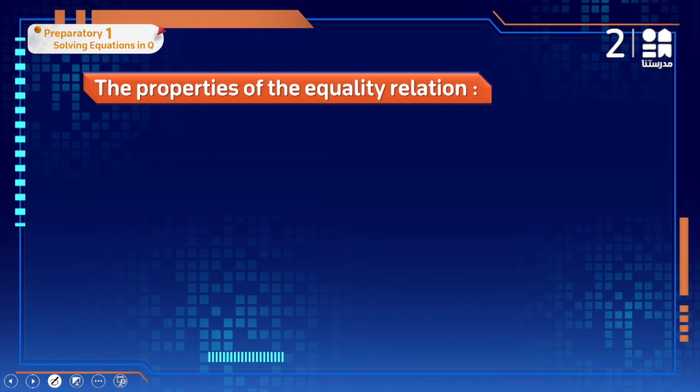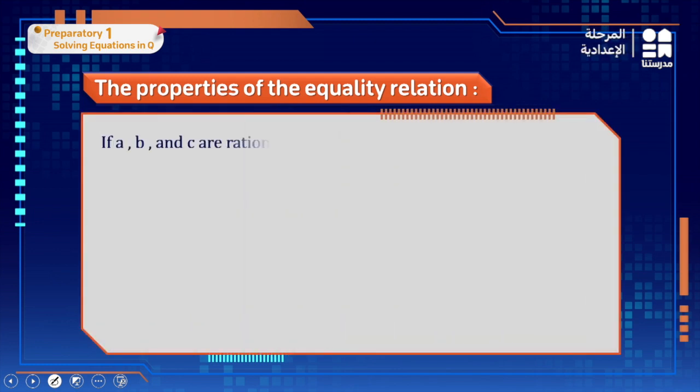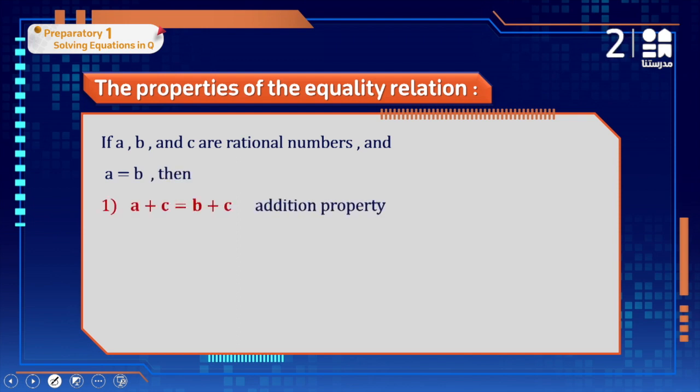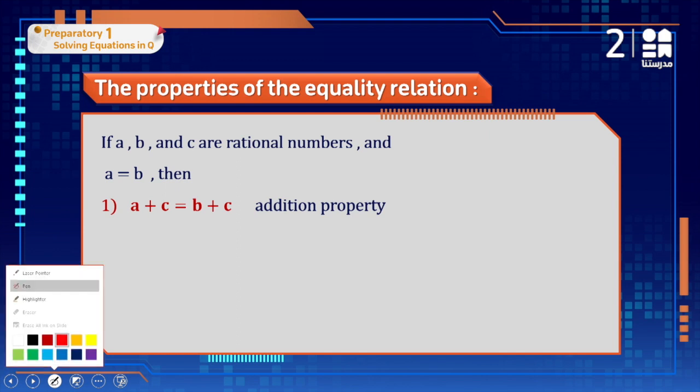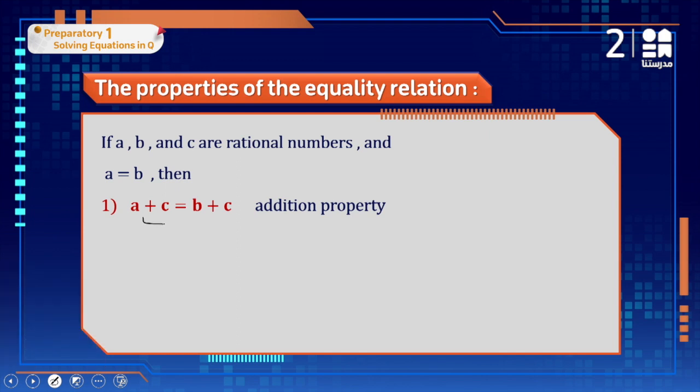Now let's talk about the properties of the equality relation. If a, b, and c are rational numbers and a equals b, then number 1, we add c to both sides. It's called the addition property.